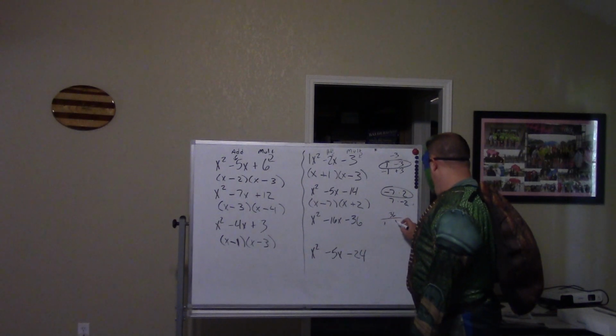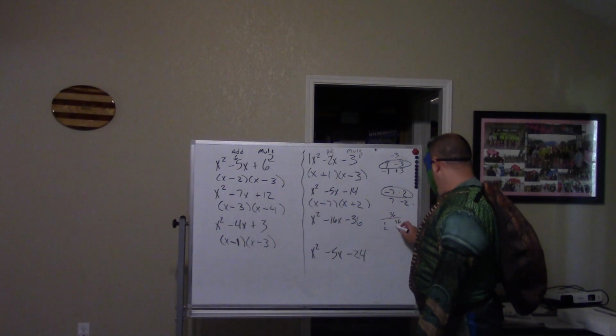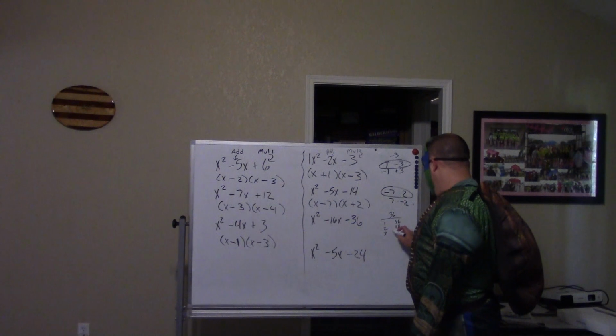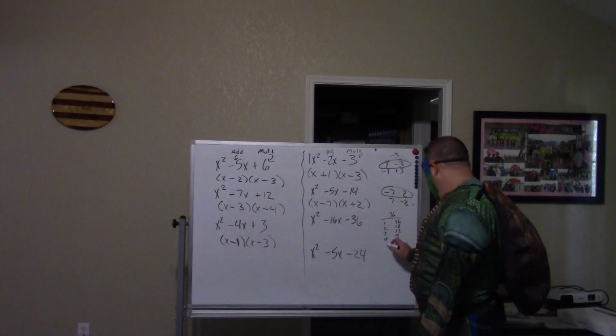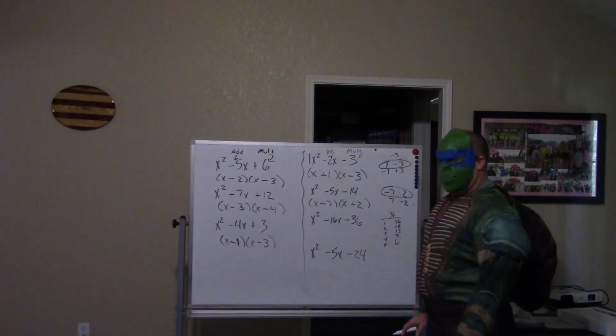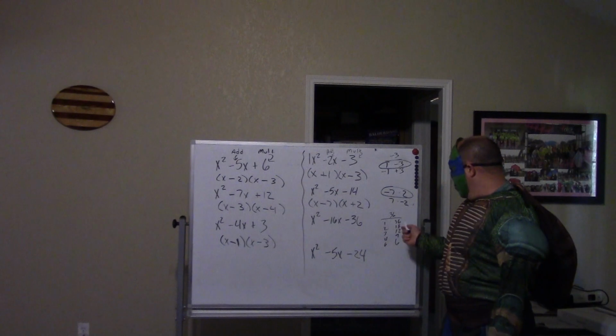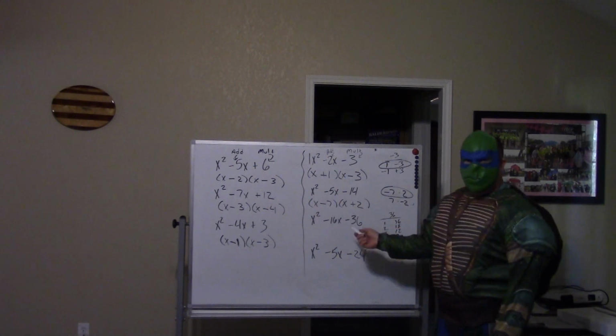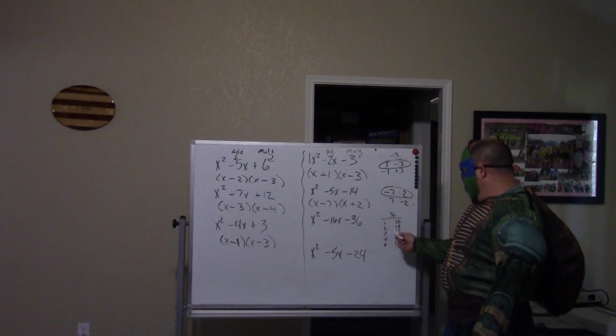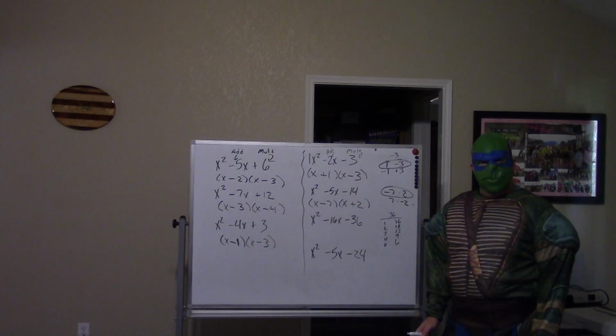We've got 1 and 36, 2 and 18, 3 and 12, 4 and 9, 5, and then 6 and 6, because 5 doesn't go into 36. So I need to be able to think, how can I get a negative 16 if one of these has to be negative?